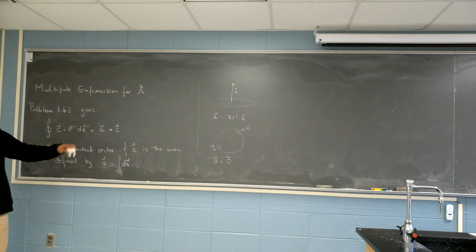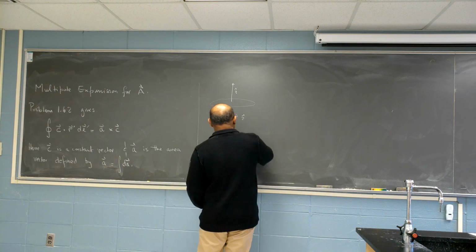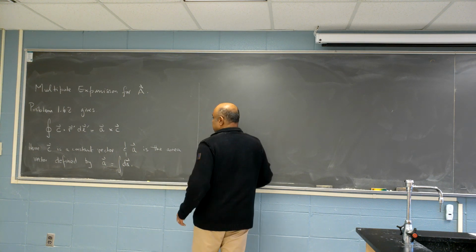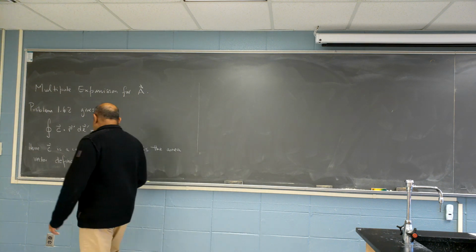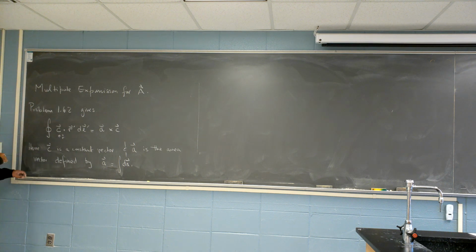Fine. I, of course, have a habit of erasing very important things. Therefore, what we have is r hat, not C. And r hat is not being integrated over, so for us, it's a constant vector.